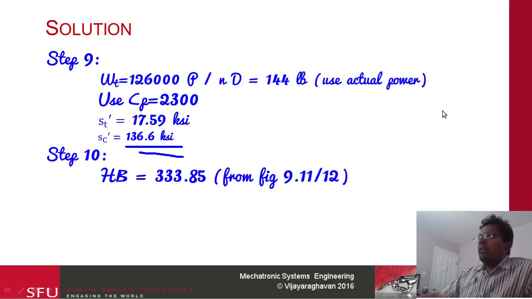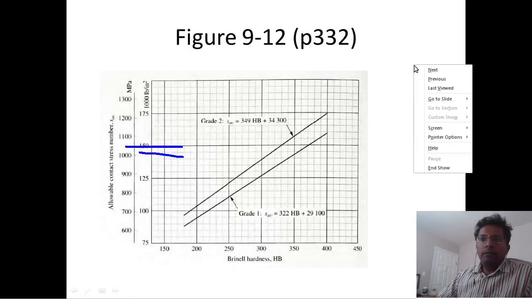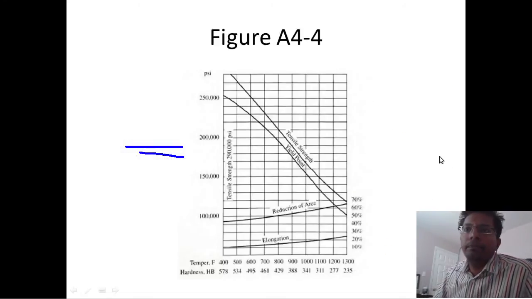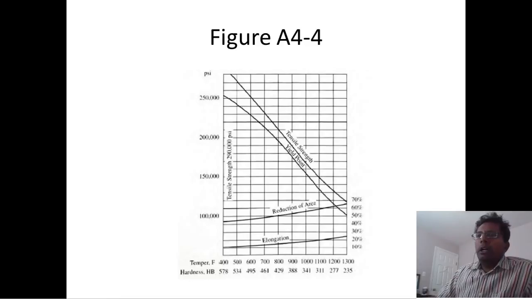Once you have that, we're going to pick a material. So we're going to choose 4140 for the gears. And then we're going to look at the appendix figure A4. So let's pull that up here. We wanted a hardness of 333.85.